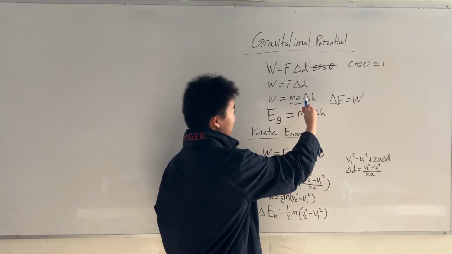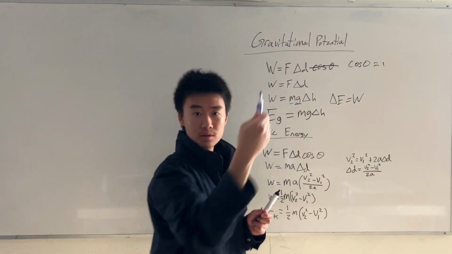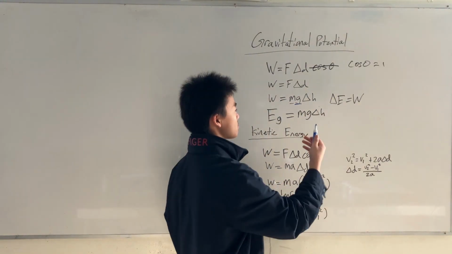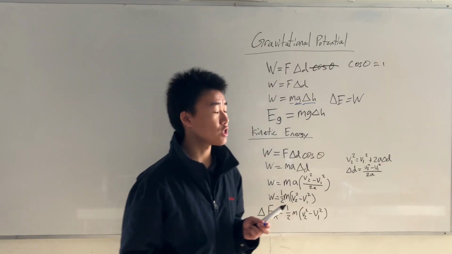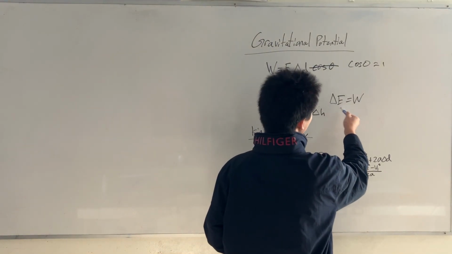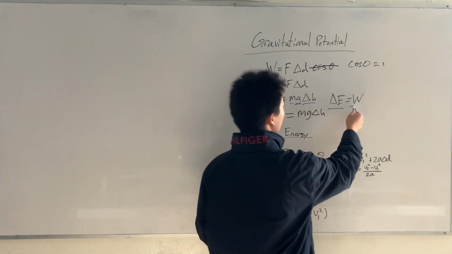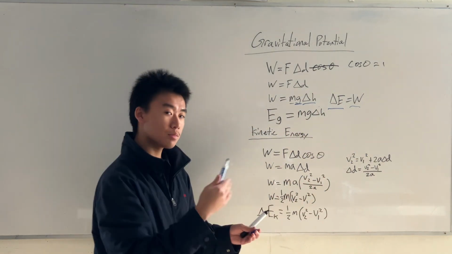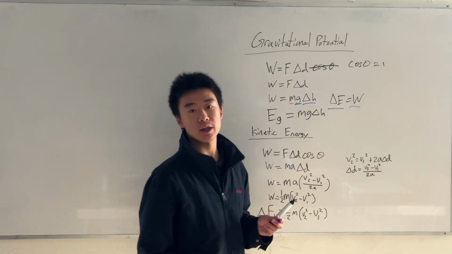So we can sub that in, and displacement, or the change in distance, is in this case just the change in height. And because we know by the work energy theorem that delta E, the change in energy, is equal to the work, we finally come to the conclusion that Eg is equal to mgh.